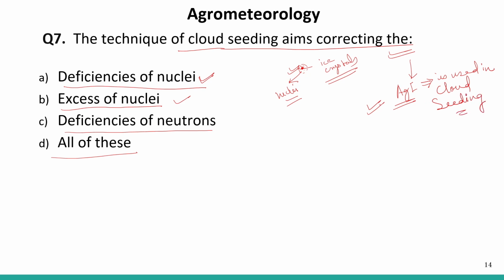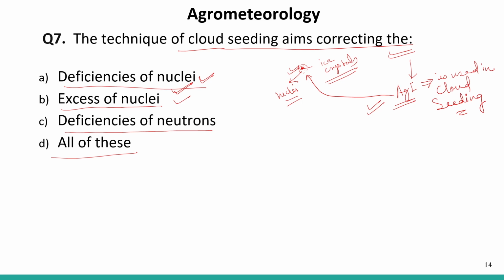So why is it used? Because it is like this ice crystal, right? So when there is a deficiency of this nuclei, this AgI is spread with the help of aircraft in the atmosphere, and it brings artificial rain.